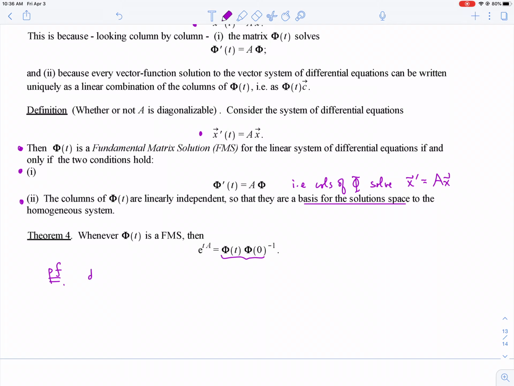If I take d/dt of Phi(t) Phi(0) inverse, then by the product rule, and the fact that one of the factors is a constant matrix, I just get Phi prime(t) Phi(0) inverse. But Phi prime(t) was A Phi.